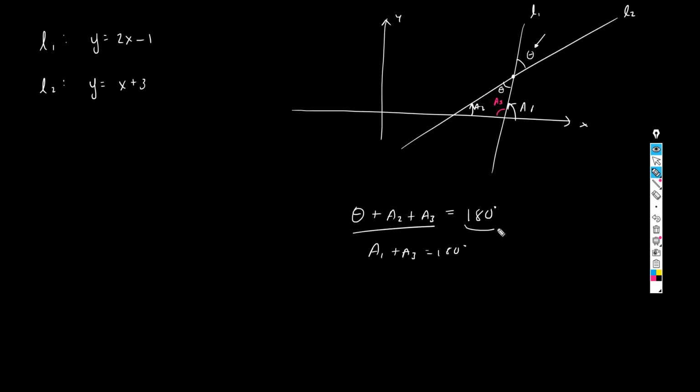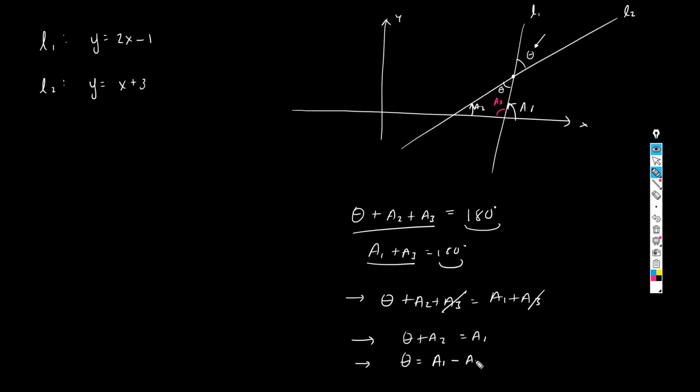If this is equal to 180 and this is also equal to 180, we have a3 on both sides, and therefore we get that theta plus a2 equals a1, or in other words, theta equals a1 minus a2. And there you have it, guys.